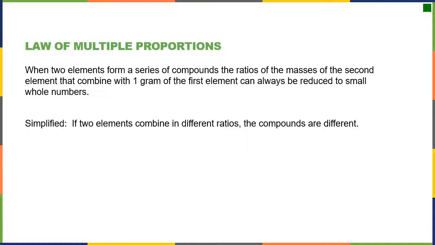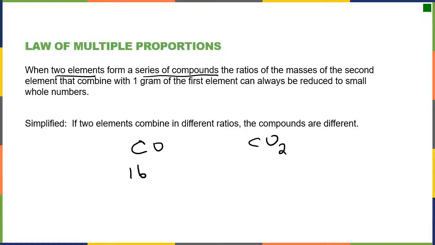All right, so let's look at an example of this. If we have CO and CO2, first of all, these are two elements and a series of compounds, meaning they have different ratios. And what they're saying is that the mass or the ratio of these masses can be reduced to small whole numbers.